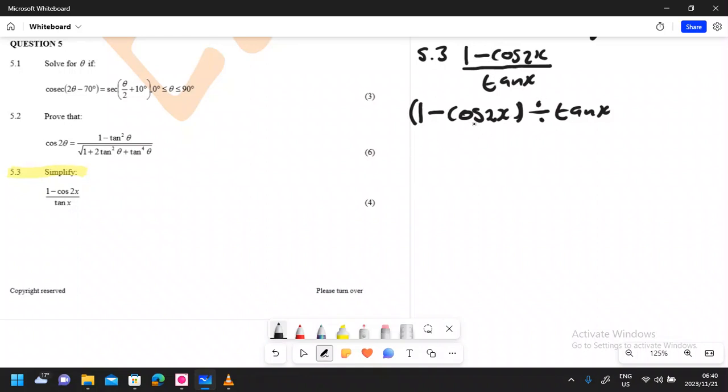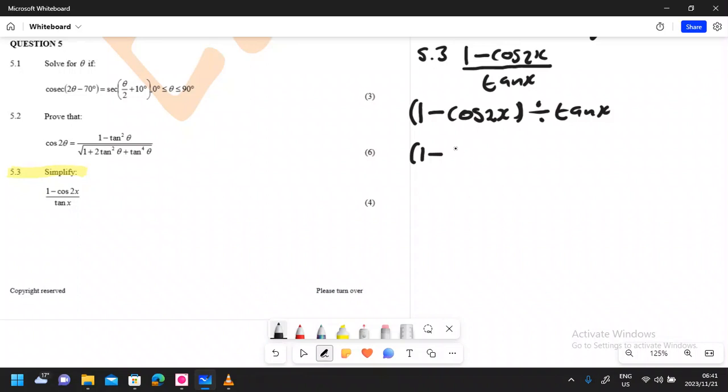Now let's start. Here we do have a double angle identity. Again, you need to know your double angle identities, guys. So we're going to have 1 minus, and we need to change this into one of the double angle identities. You can change it to any of the three, in fact, but rather go with the other two.